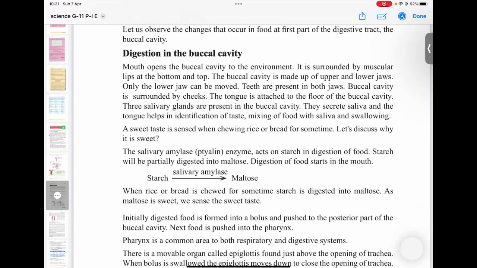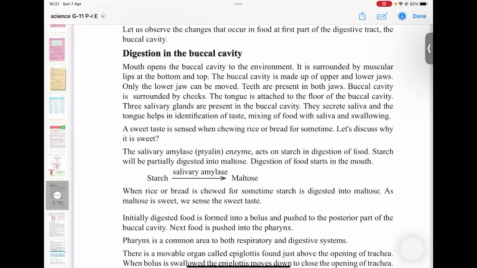Okay, so the mouth opens the buccal cavity to the environment. So when you open your lips, the buccal cavity is in contact with your environment. So you have muscular lips at the bottom, and then you have upper and lower jaws. If you touch your jaws, the upper jaw will never move. Whenever you are talking or opening the mouth, the one who moves is the lower jaw.